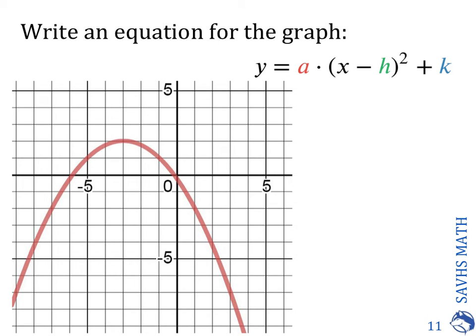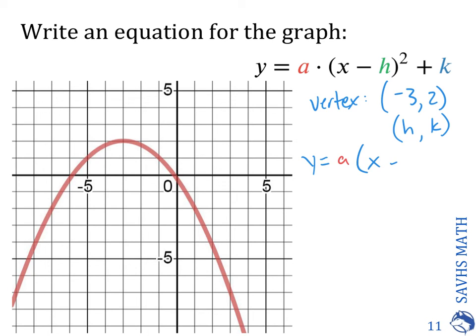Okay, we're back. So the vertex is the point (negative 3, 2). This is h and this is k. I don't know a yet. So y equals a times (x minus negative 3) squared plus 2.